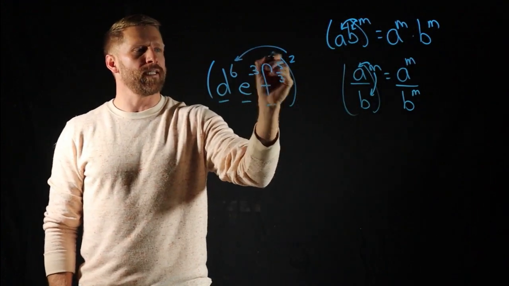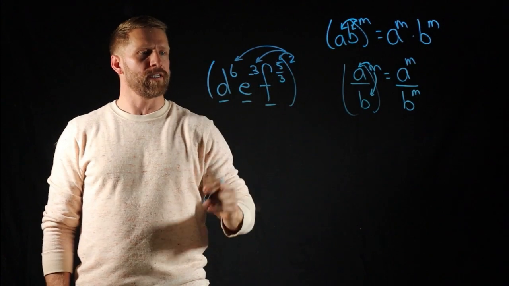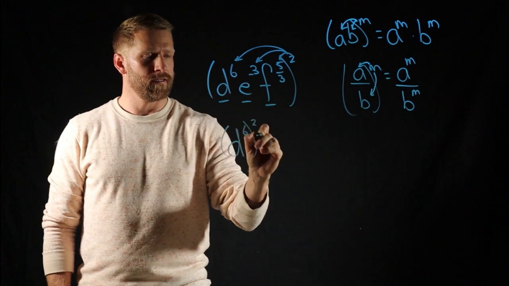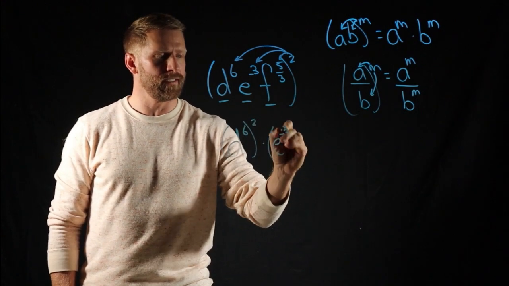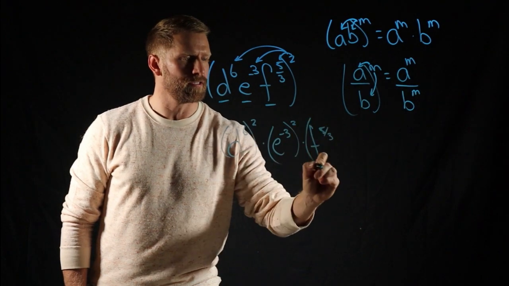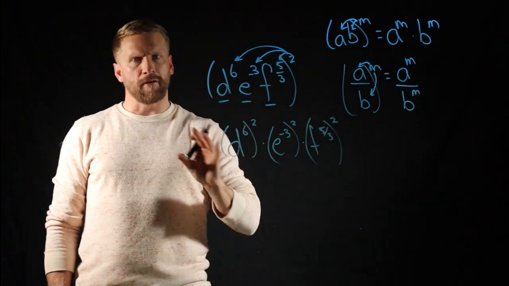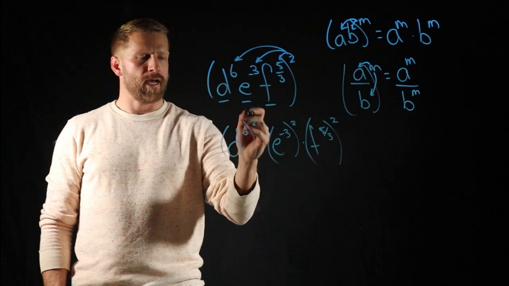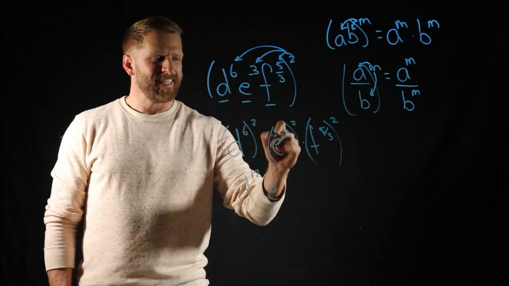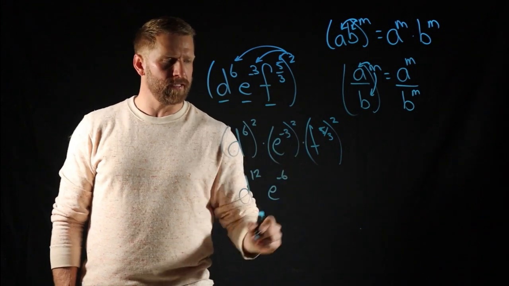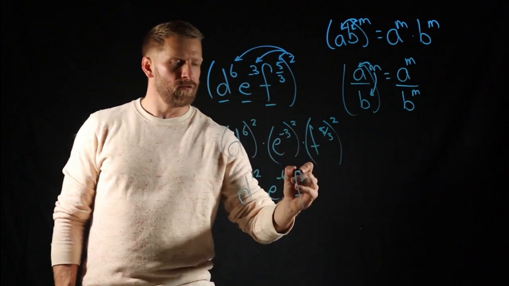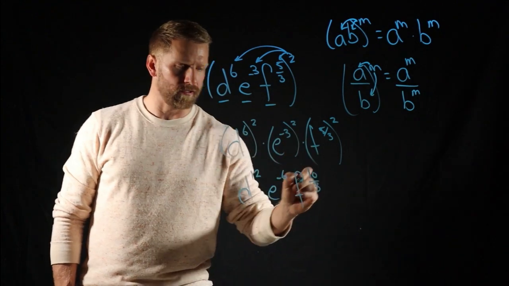If I take the 2 to each of these, regardless of their numbers, I get d to the 6, squared, times e to the negative 3, squared, times f to the 5/3, squared. Now I apply my power of a power rule and I multiply. So 6 times 2 is 12. Negative 3 times 2 is negative 6. And then for f, 5/3 times 2 is just 10/3.